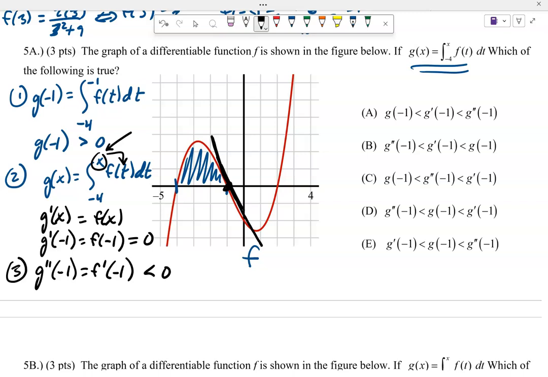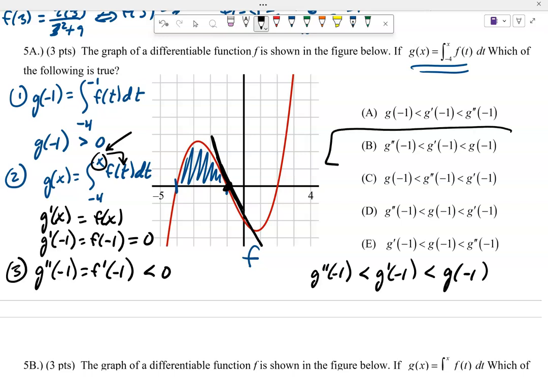So now I can see which one it would be, A, B, C, D, or E. Well, g double prime of negative 1 is negative. So it's less than g prime of negative 1, which is 0. And that's less than the positive value g of negative 1. So it's got to be that one right there that will be our solution.